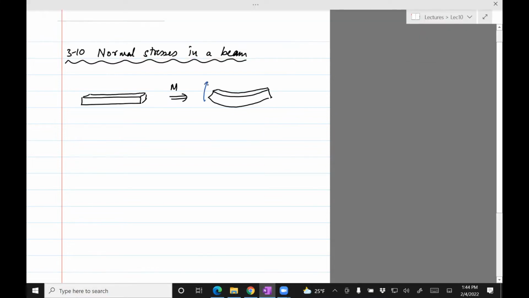So what's happening here is there is a moment M, and that causes the beam to bend.